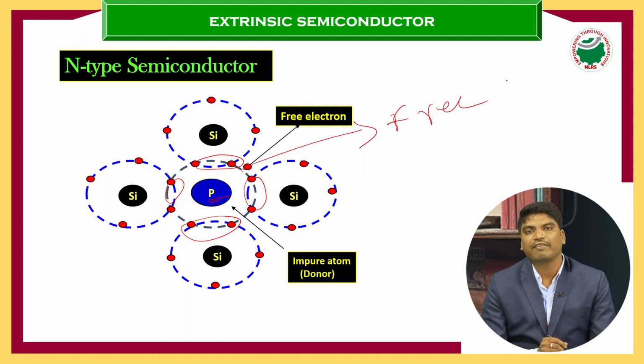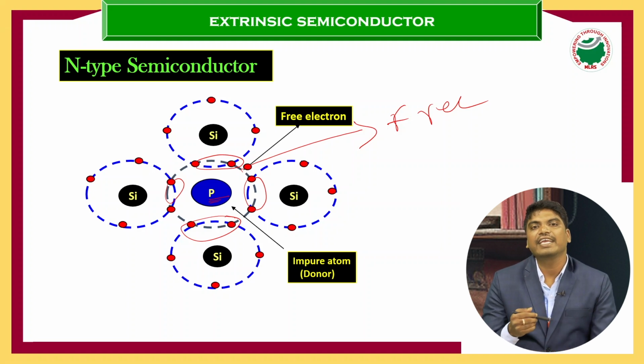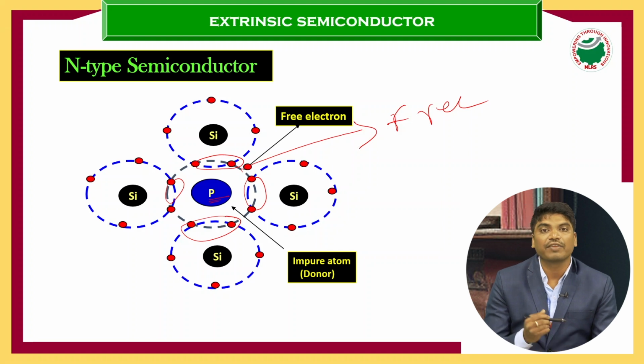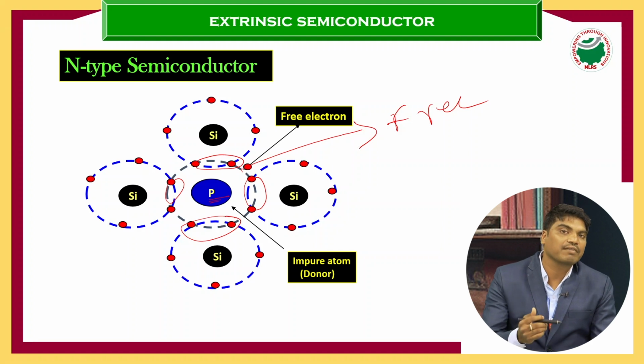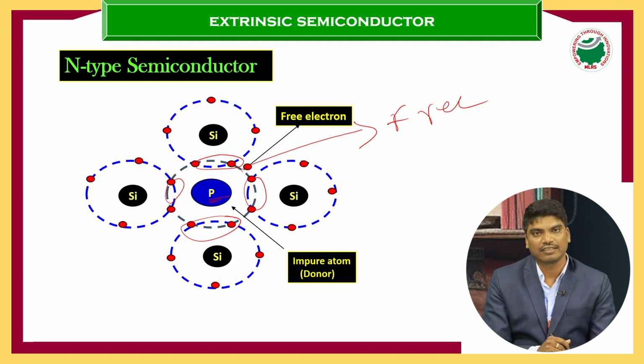As per our definition, a free electron can move freely in the material, which causes conductivity. So what we are doing here is increasing the free electrons, or the charge carriers, in the material by doping different types of impurities.